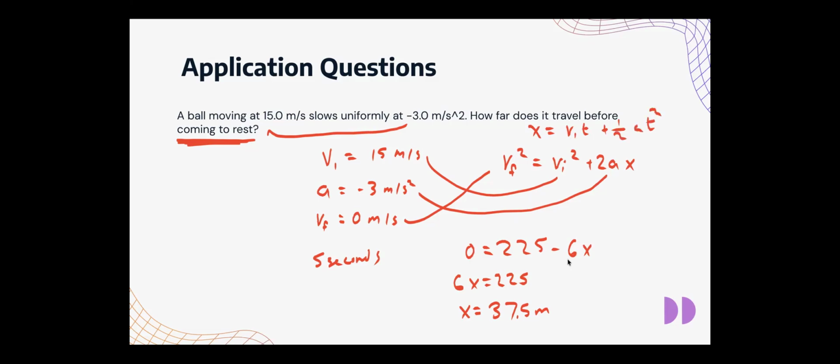We can also use this equation to solve for it. Either way, you get the same answer. But I think it's easier to use the first one because we're already given all three of our variables, and it just makes more sense.